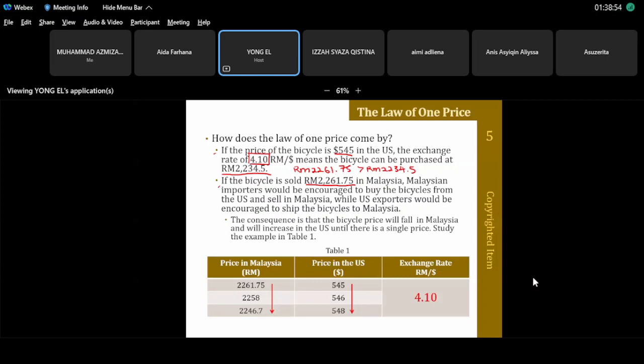We found a higher price in Malaysia. That means in this situation, the law of one price is violated.